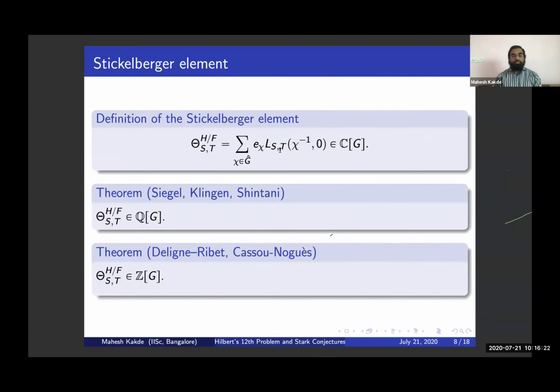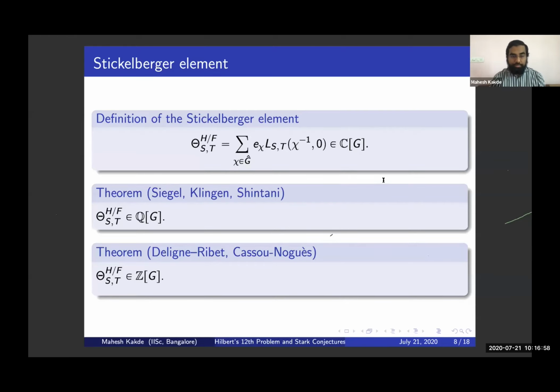So, the Stickelberger element. I can put all these L functions evaluated at 0 together and make a group ring element. So C[G] is the group ring with complex coefficients on the group G. Theta is a group ring element, so I can evaluate it at any character chi of G, and I get this L_{S,T}(chi inverse, 0) out of it.